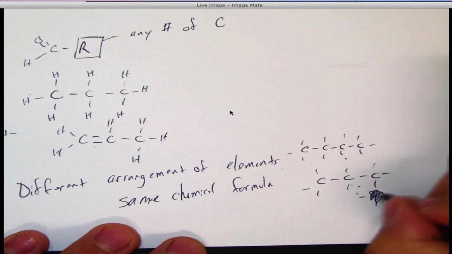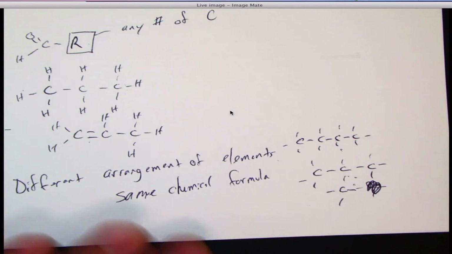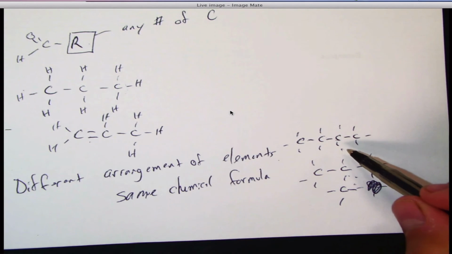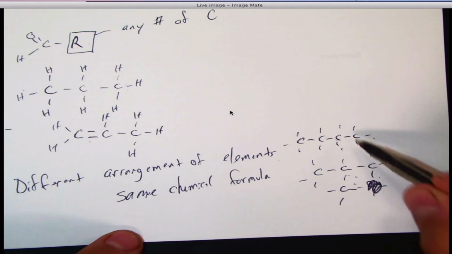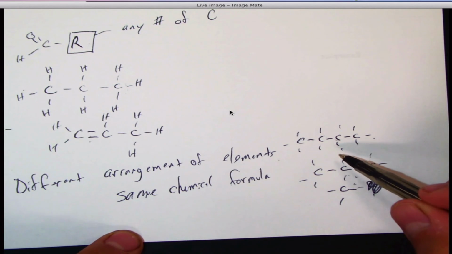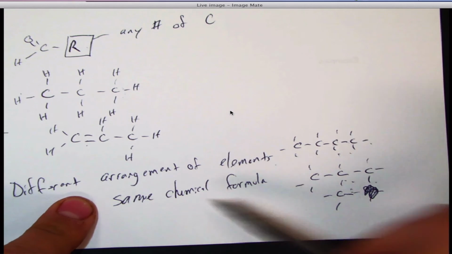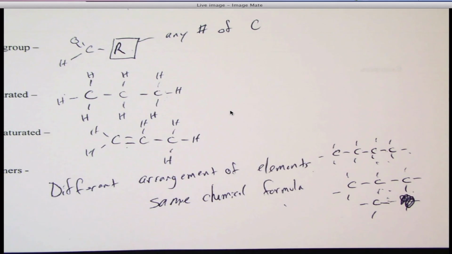All right, sorry, this is a bad example. Let's put it off the middle. They have the same chemical formula. In other words, C4H10, and this is also C4H10. They have different names, but they have the same chemical formula. So different arrangement, same chemical formula. These guys are isomers. All right, and we'll work further into that as we get on.